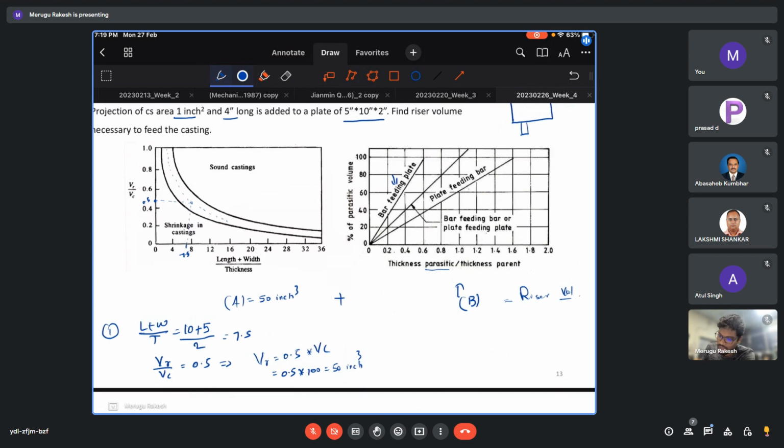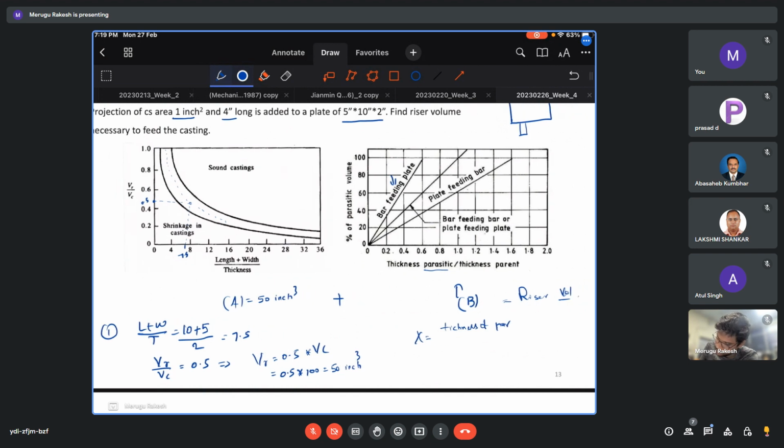In this case, since nothing is mentioned, we'll take the thickness as 1, divided by the thickness of the parent.